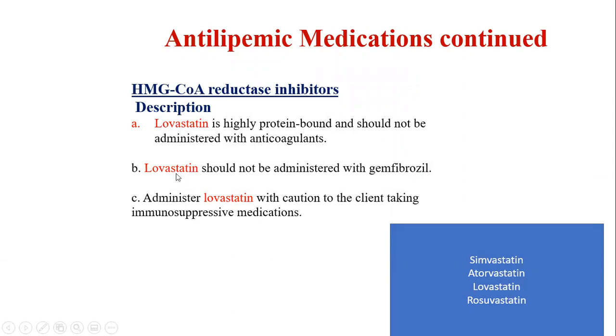And also lovastatin should not be administered with gemfibrozil. So gemfibrozil is another cholesterol lowering agent. So it is good not to use these two together. Also, administer lovastatin with caution to clients taking immunosuppressive medication like cyclosporine, methotrexate.